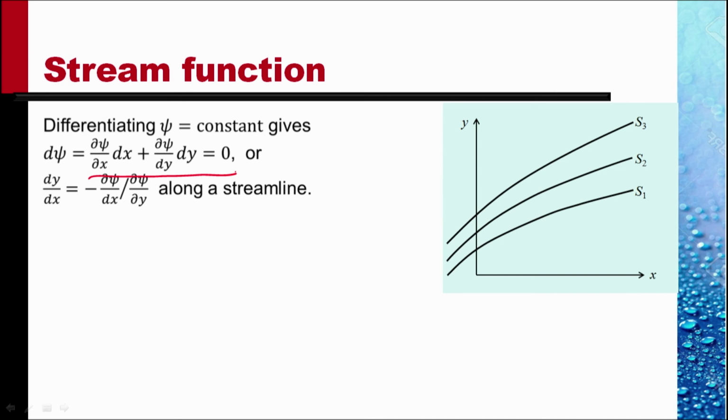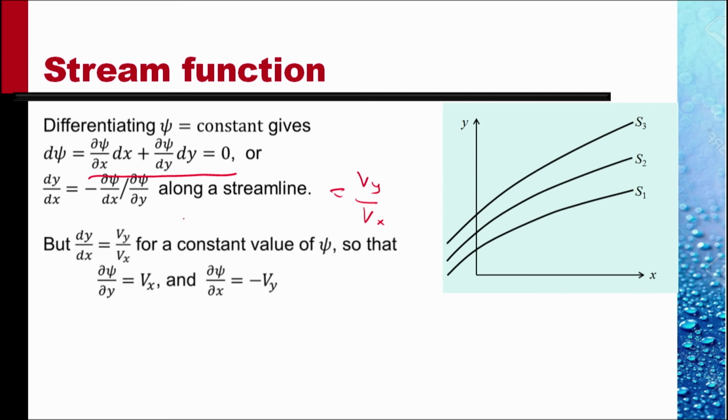Now, dy by dx along a streamline is nothing but Vy by Vx. So minus del psi by del x can be treated as Vy and del psi by del y can be treated as Vx. Same as before.